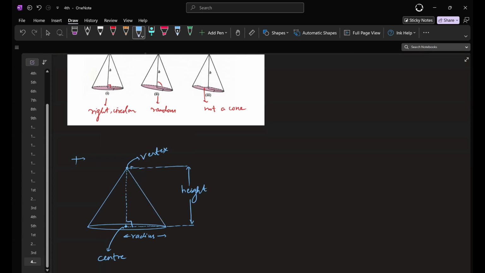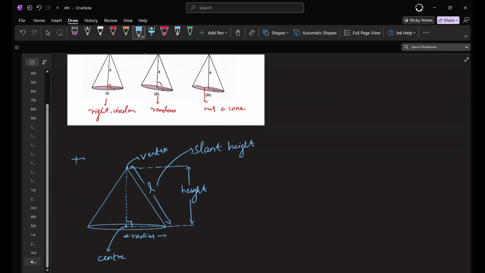The slant. Yeah. This we denote by L, and we call it the slant height of the cone.